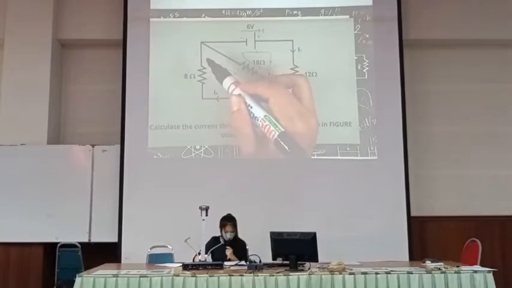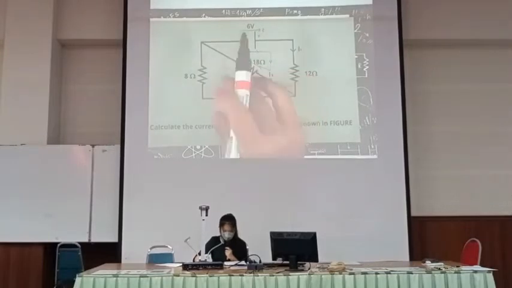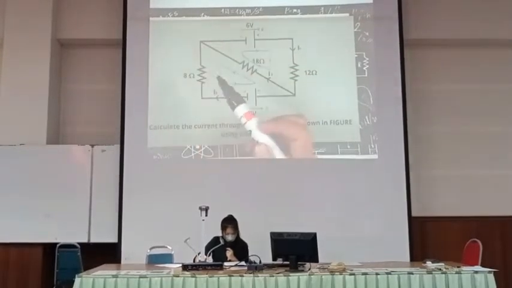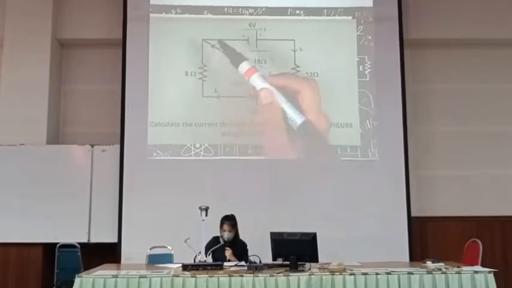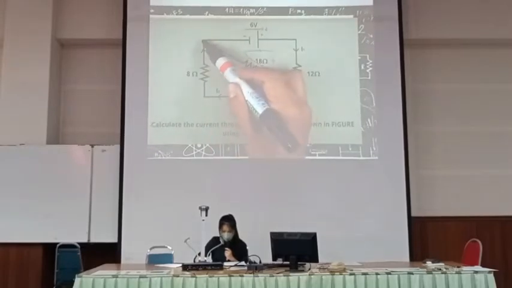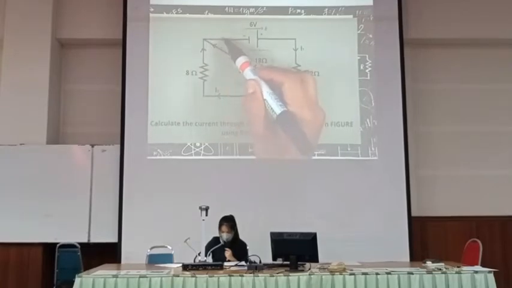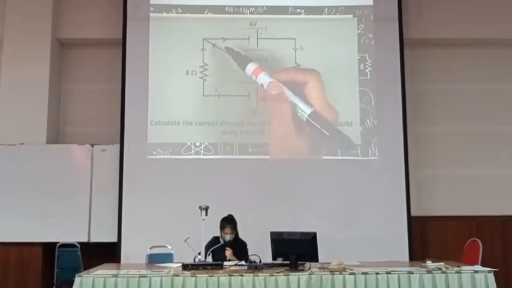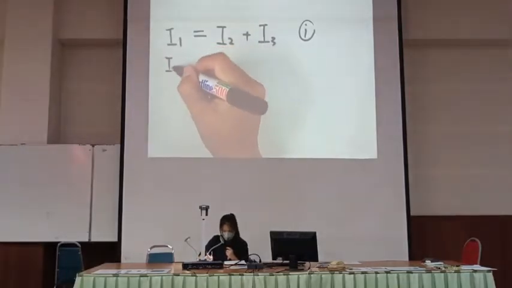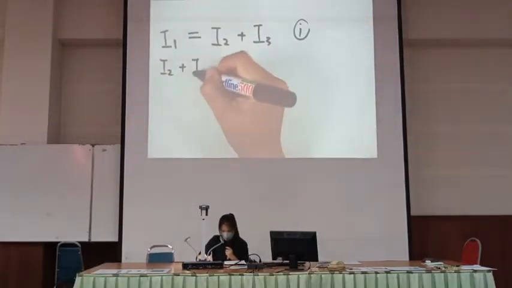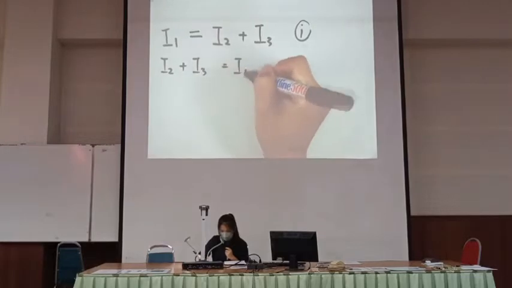Let us proceed to another junction, the upside here. There are I2 and I3 flows in a junction and I1 flows out a junction. So the equation is I2 plus I3 equal to I1.